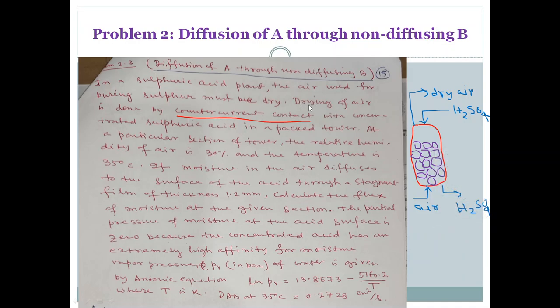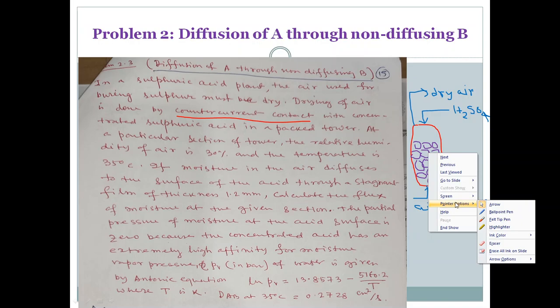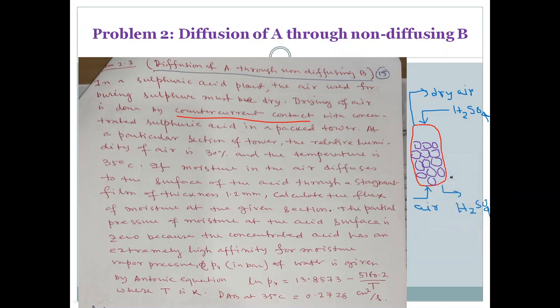So drying of air is done by counter current contact with concentrated sulfuric acid in a packed tower. So this is the arrangement. At a particular section of the tower, let's say this is one particular section, the relative humidity is 30%, and the temperature is 35 degrees centigrade at that point.